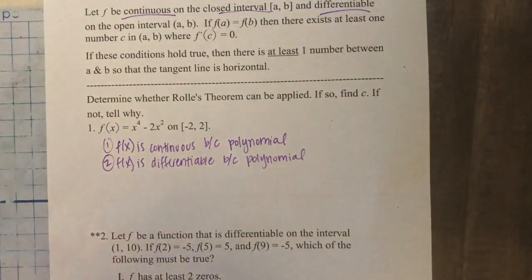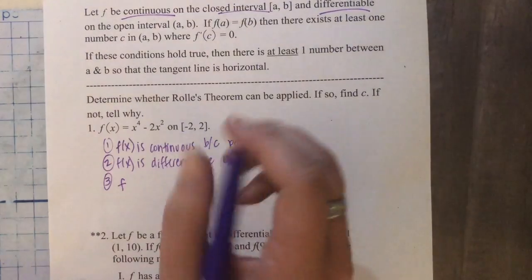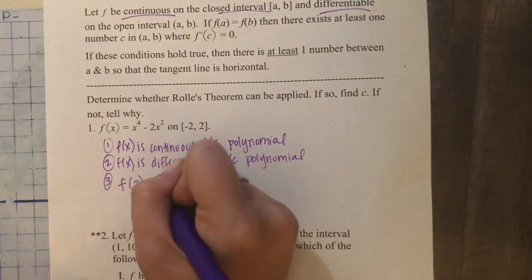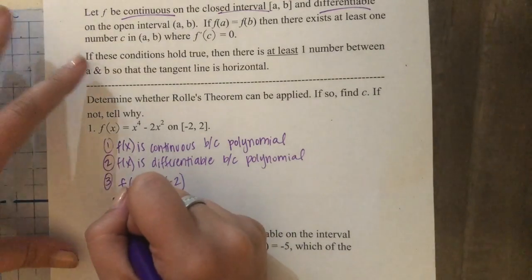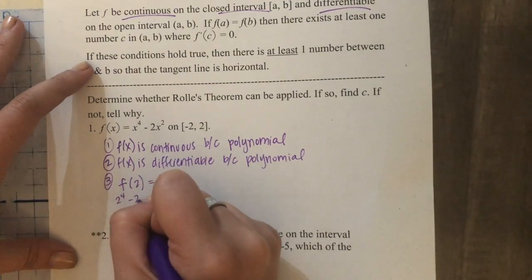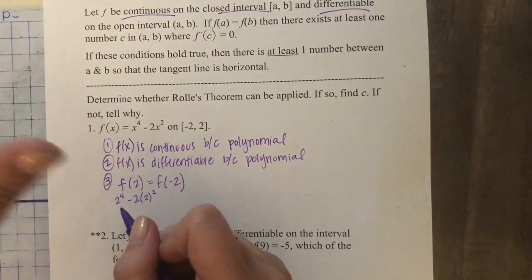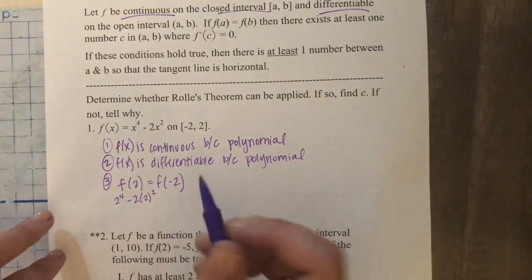Then we need to make sure that f of b equals f of a. My interval is -2 to 2, so I need f of 2 to be equal to f of -2. Let's double check that. We would have 2 to the 4th minus 2 times 2 to the 2nd. 2 to the 4th is 2 times 2 times 2 times 2, so that would be 16.